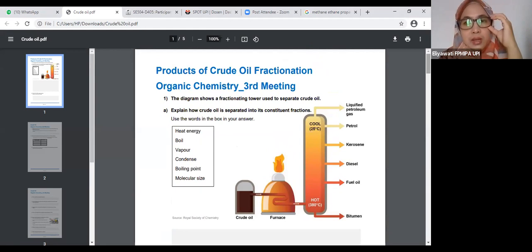Crude oil is minyak mentah. We separate the oil from crude oil by fractional distillation, distilasi bertingkat. So the products can be fuel oil, diesel, kerosene, petrol. Maybe you can find these at your home.